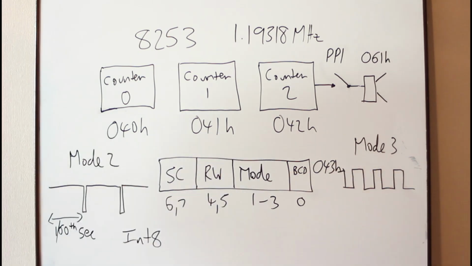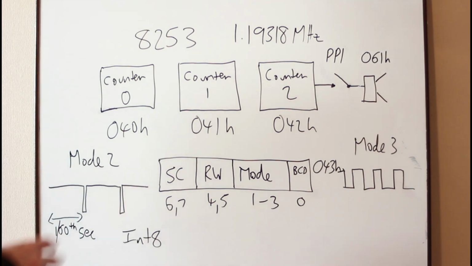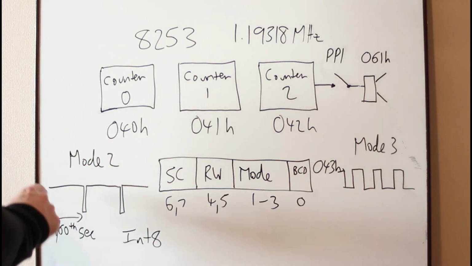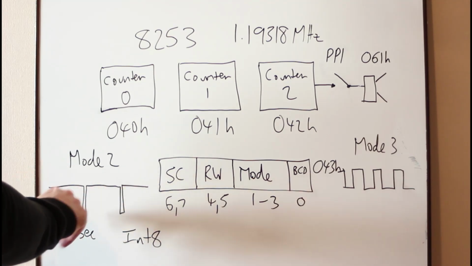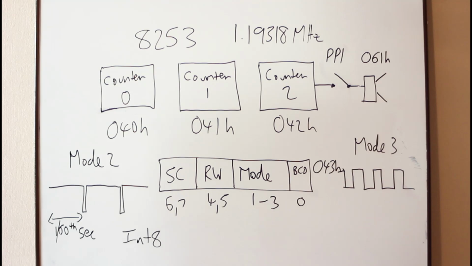Now the mode is also interesting to us. Modes 0 and 1 are not interesting, they're basically just one-shot counters, but modes 2 and 3 are what we're going to use. So mode 2 is the one that we're going to use for our 60th of a second pulse, which is going to drive our interrupt 8.